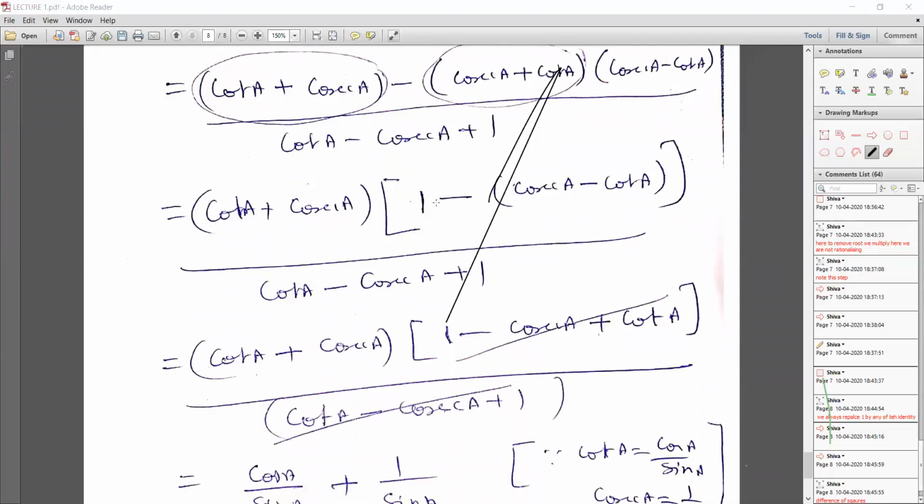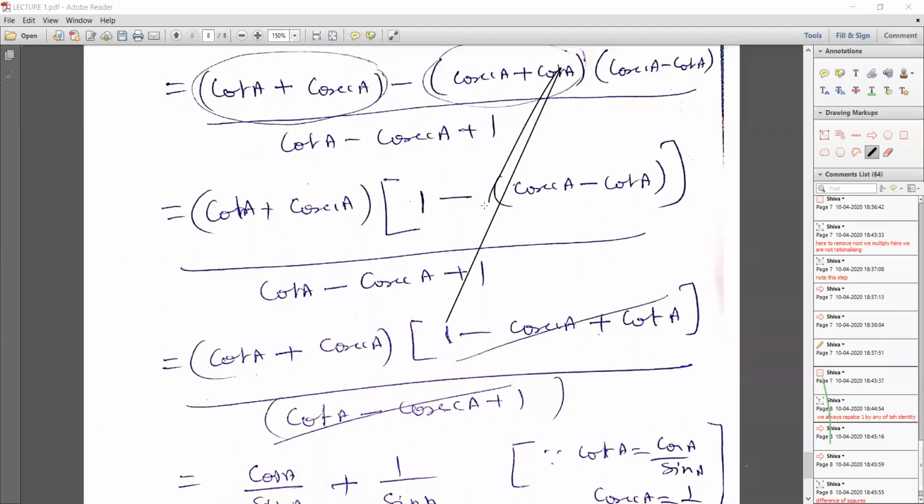So in this, cot A plus cos A is common. When I take it common in the whole expression, what is left? In place of cot A plus cos A, there is only 1, and in the other part, cosec A minus cot A will be left in the bracket. But remember that cosec A minus cot A should be in the bracket.